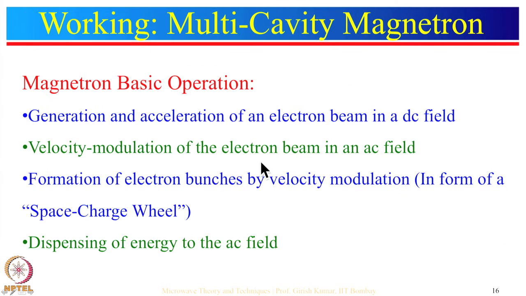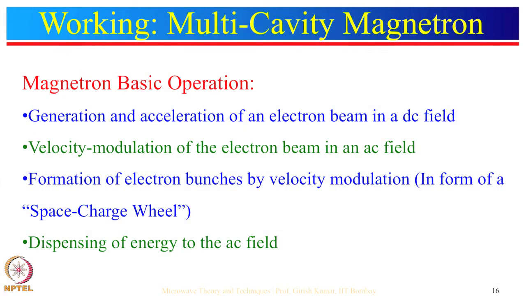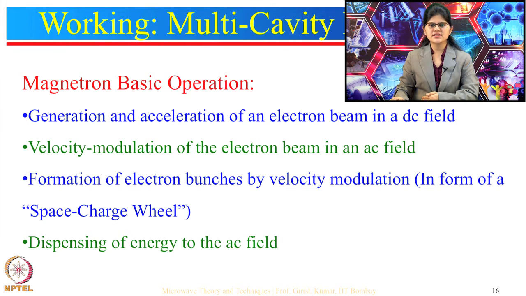Now, let us move on to the working of the multi-cavity magnetron. The working can be divided into 4 phases. Phase 1 is generation and acceleration of the electron beam in a DC field, the second phase is velocity modulation of the electron beam in an AC field, the third phase is bunch formation or space charge wheel formation, and the last phase is dispensing of energy to the AC field.